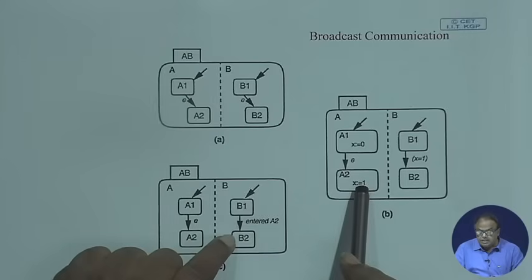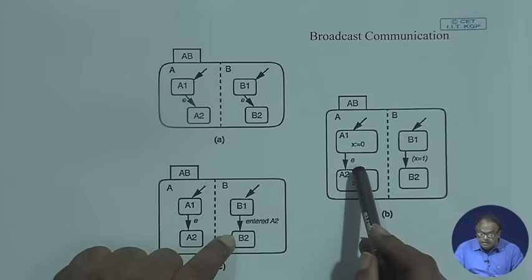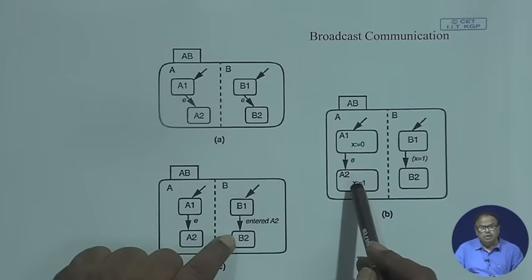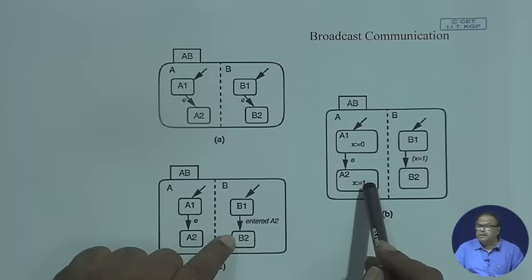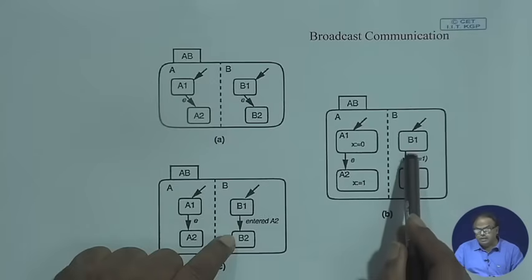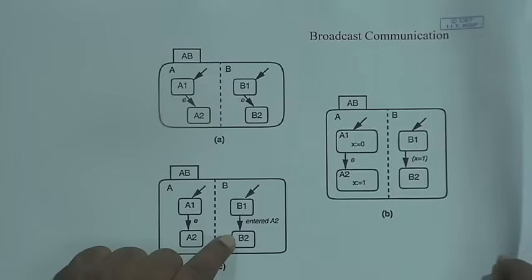Here, X is being set to 1, maybe internally after some actions have been done in A2, and as this is being set, this one will be enabled in the next cycle. So, they are not exactly equivalent. One is on entry, another is on assignment.